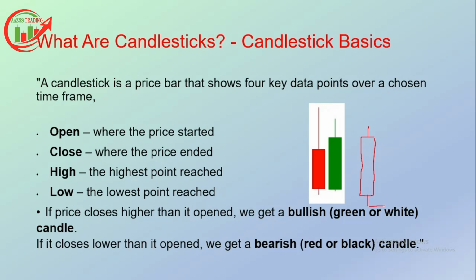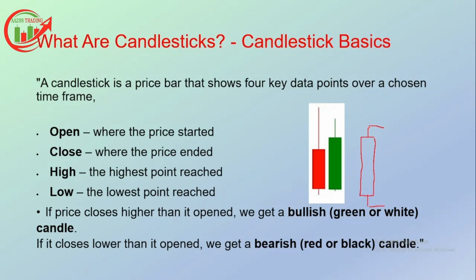Now at this point you can see the level the market reached. This is the lowest point the candle reached. When the market opened here, it went down, pushed back up, and kept going up to this level.